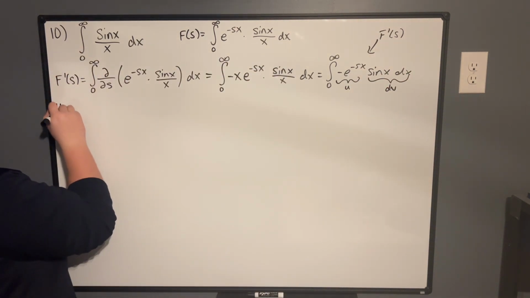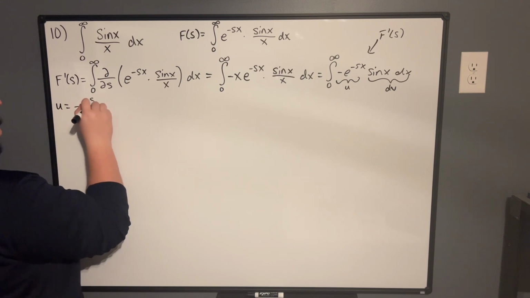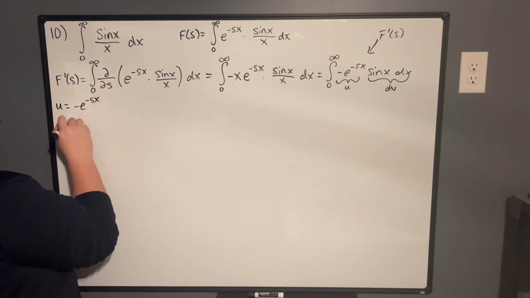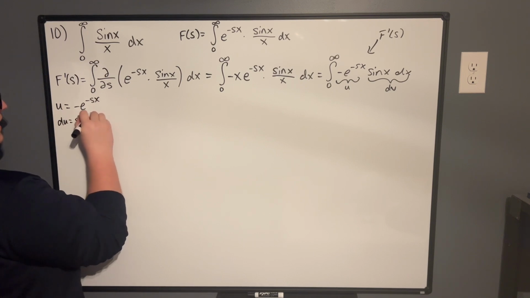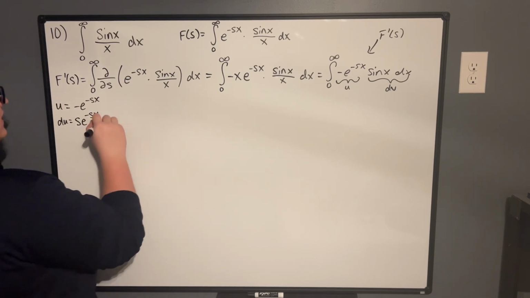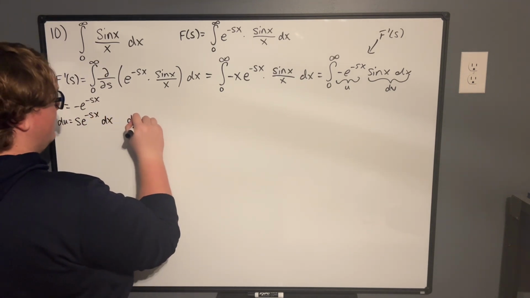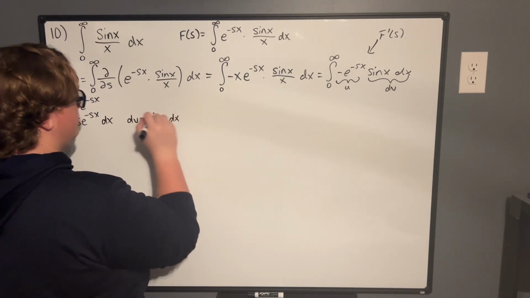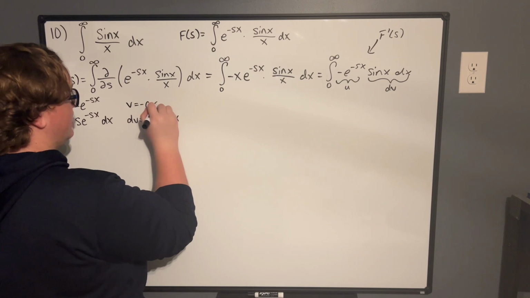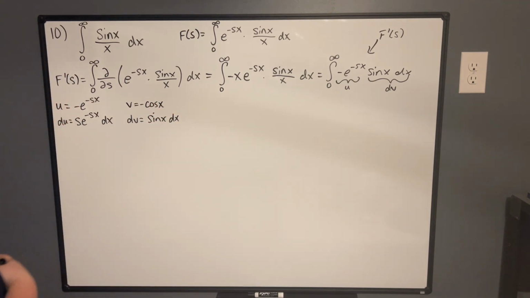So we know that u is equal to negative e to the minus sx, which means that du is going to be s e to the minus sx dx. We know that dv is going to end up being sine x dx, which means that v is going to be negative cosine x. And so now we can go ahead and do our integration by parts formula.